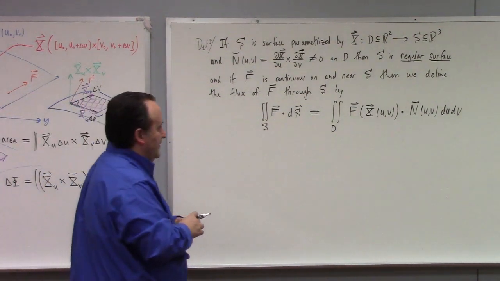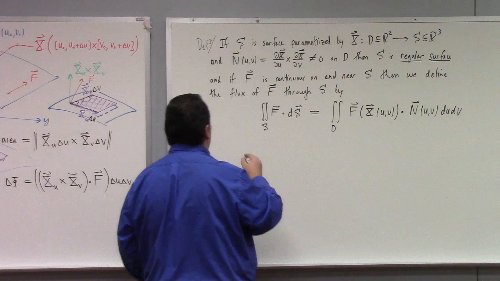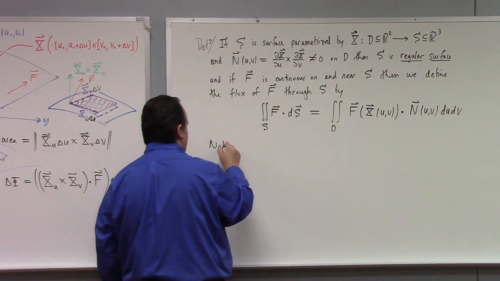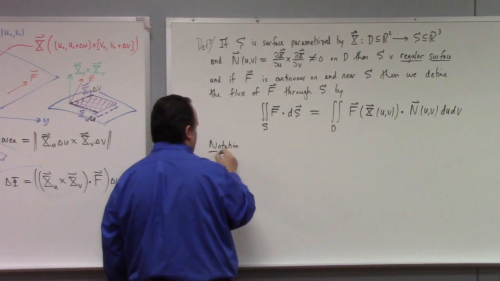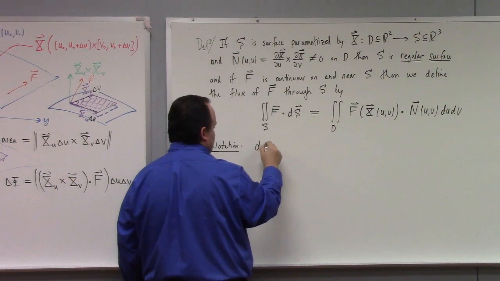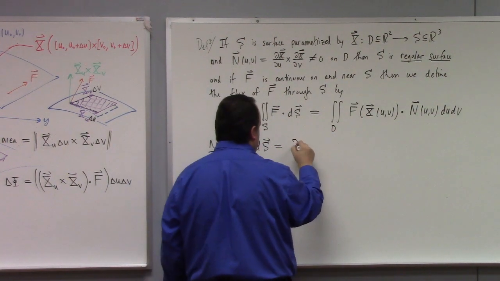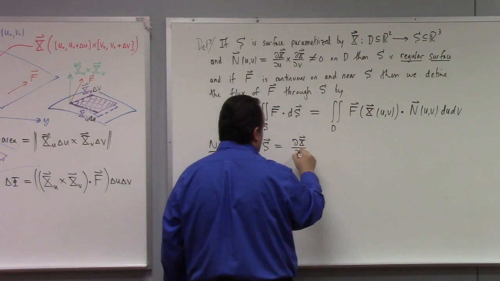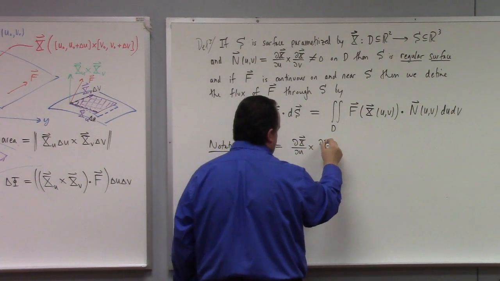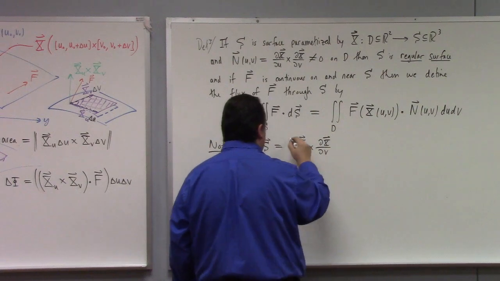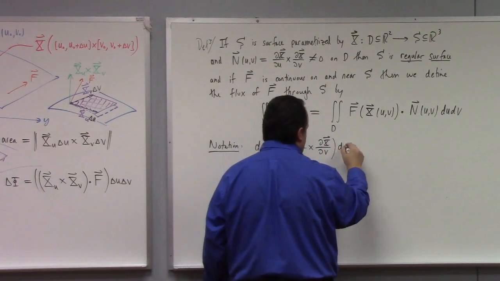So let's see here, some notation. The ds vector, if you just want to think of it as a mnemonic, it really is partial x, partial u cross partial x, partial v times du dv.